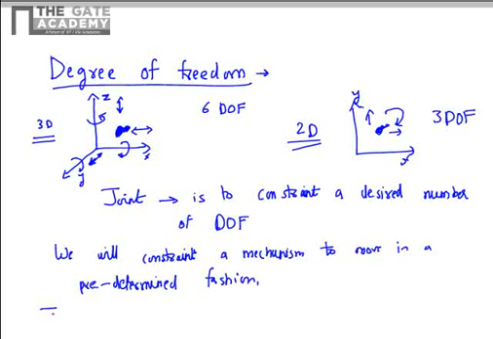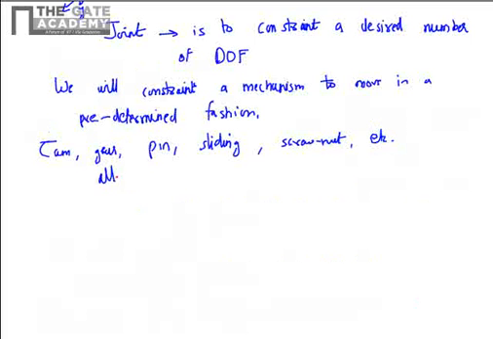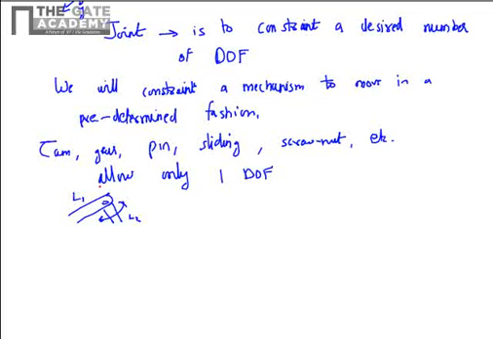All of the joints described till now, like cam, gear, pin joint, sliding joint, screw nut, etc., allow only 1 degree of freedom. So in a pin joint, it is a rotational degree of freedom of link 2 with respect to link 1.